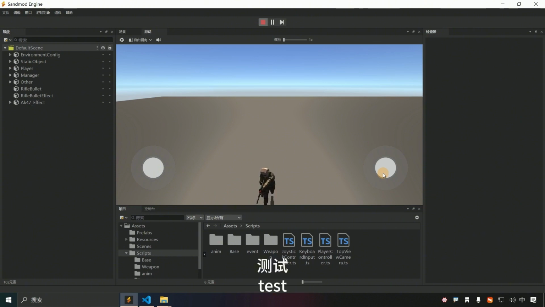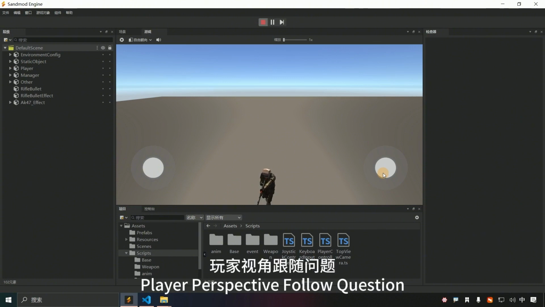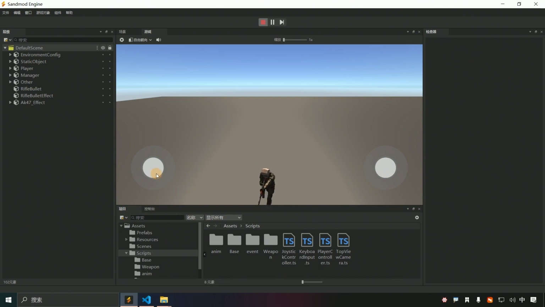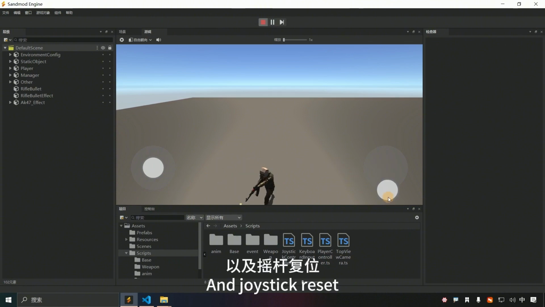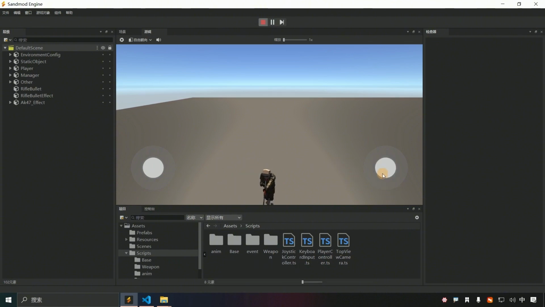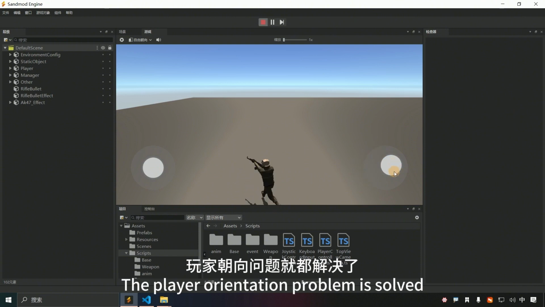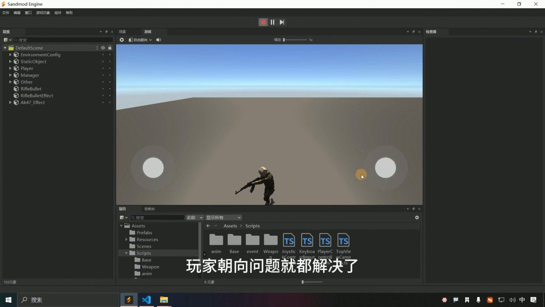Afterwards, test the player perspective following question and the joystick reset. The player orientation problem is solved.